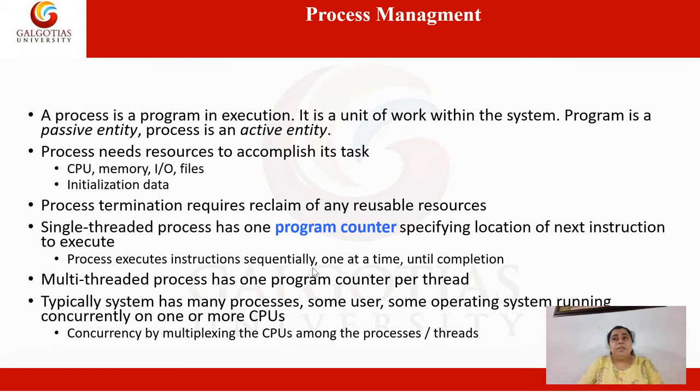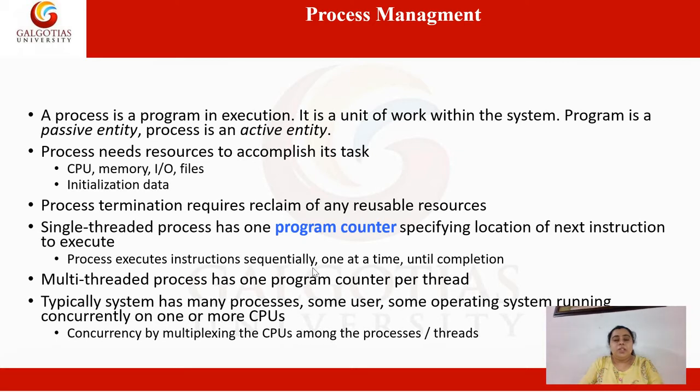When we say program, that becomes a passive entity, and when we talk about a process, it becomes an active entity. Why is it active? Because it needs CPU, it needs memory, it needs input-output files, it needs initialization of data. So it becomes an active entity, right?